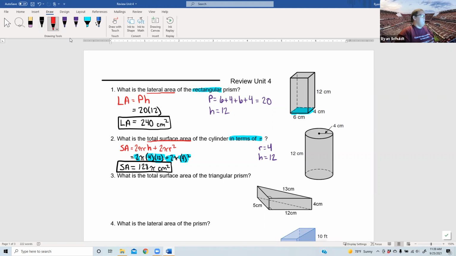Okay, on number 3, it wants the total surface area of the triangular prism. Well, we're dealing with a prism, so I'm going to just underline these. The total surface area for a prism is PH plus 2B.